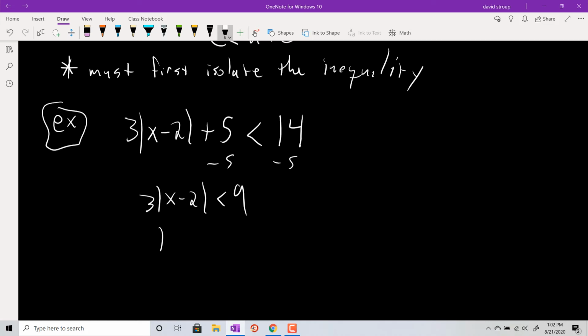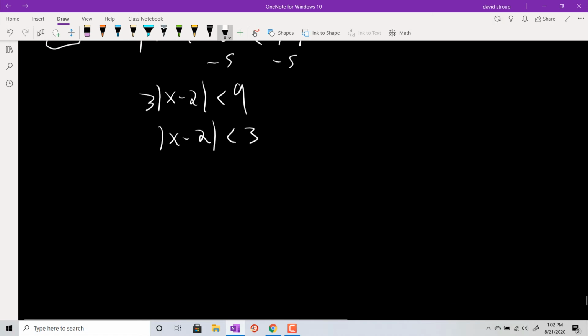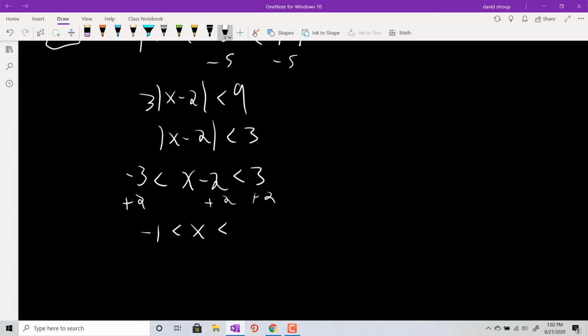Divide by 3. And then you could do the compound inequality. So x minus 2 less than 3 but greater than -3. And you add 2 to all three sides. So you get -1 less than x less than 5. Okay, interval notation, -1 to 5.